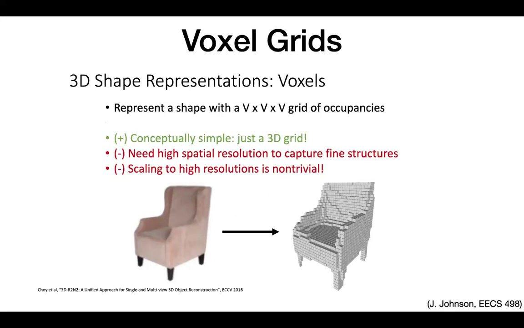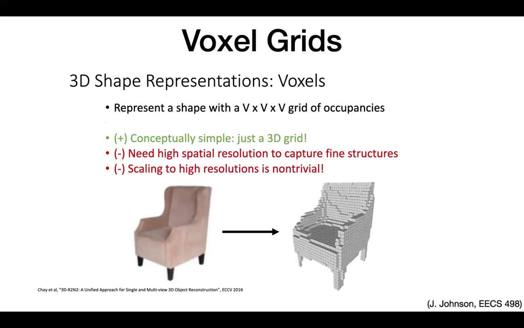And this is the nice thing about this representation. But there is the downside. The downside is that because we are doing this discretization and we are changing from 2D to 3D, augmenting the dimensionality of our domain, we are subjected to the curse of dimensionality. That means that we need to capture fine structures, a lot of fine resolution, so we need a grid with a high resolution.